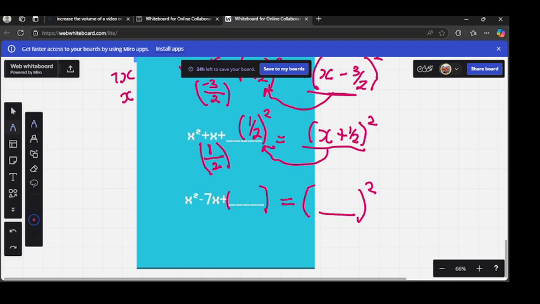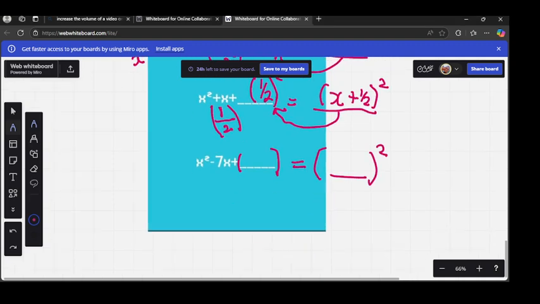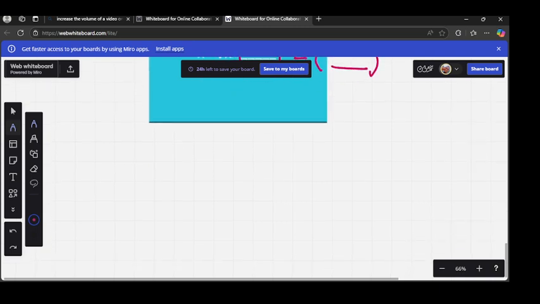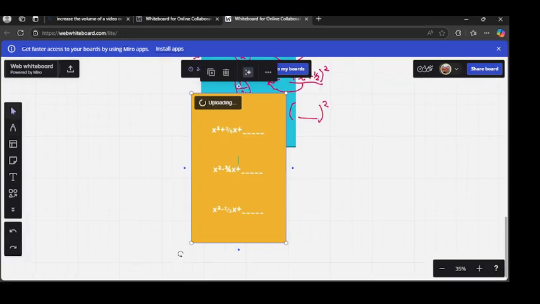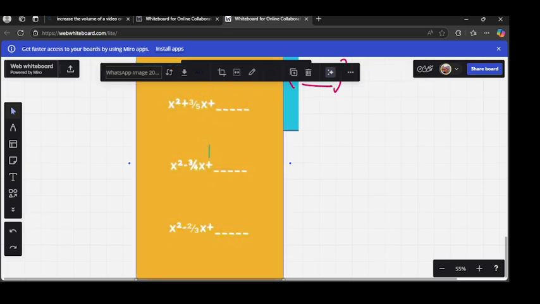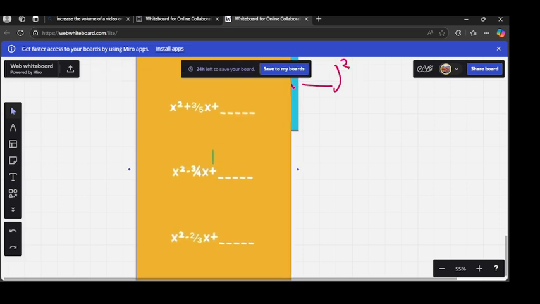Now let's move to when you have a fraction as the coefficient of x, something like this. Let me move this one further away first so we can have space to place our new image. So in this case we have fractions as our coefficient of x.